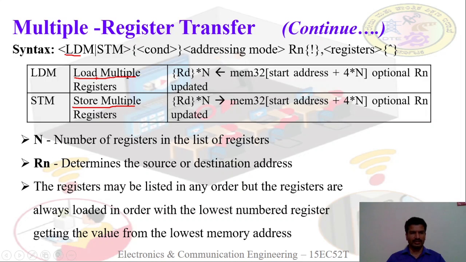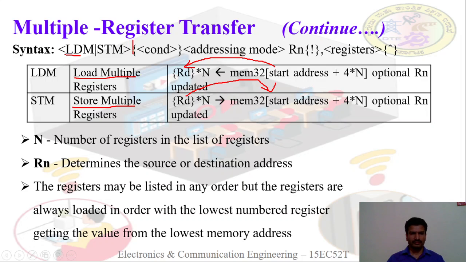As we studied last class, load means memory to register. Here also the direction is the same. It loads the data from memory to registers, but multiple registers. It will copy into multiple registers. Whereas in store, the direction is from register to memory location. Here also multiple register data is transferred to memory locations.